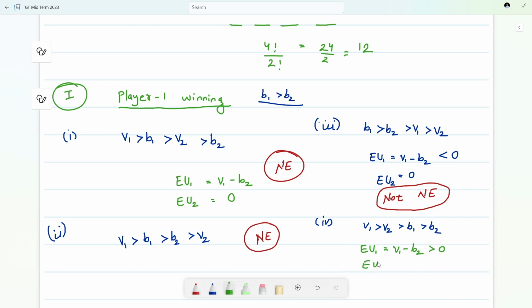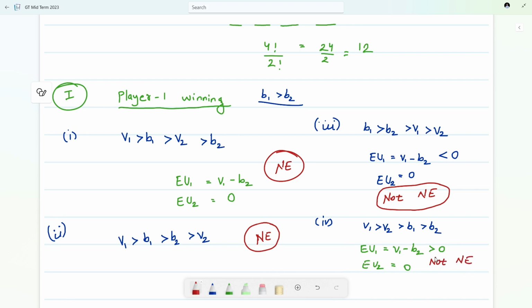Expected utility for player 2 will be 0, right? Because he is not winning. But is there any way by which player 2 can increase his payoff? Yes. If he bids higher than B1 but less than V2, then he can get strictly positive payoff, which means there is a profitable deviation. Hence, this is not a Nash equilibrium.